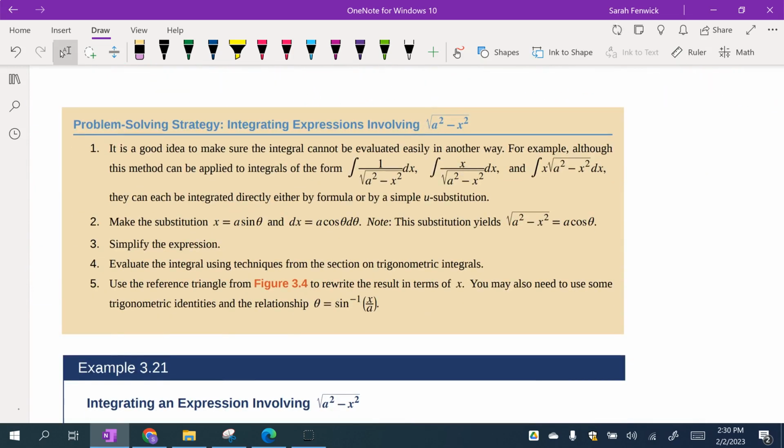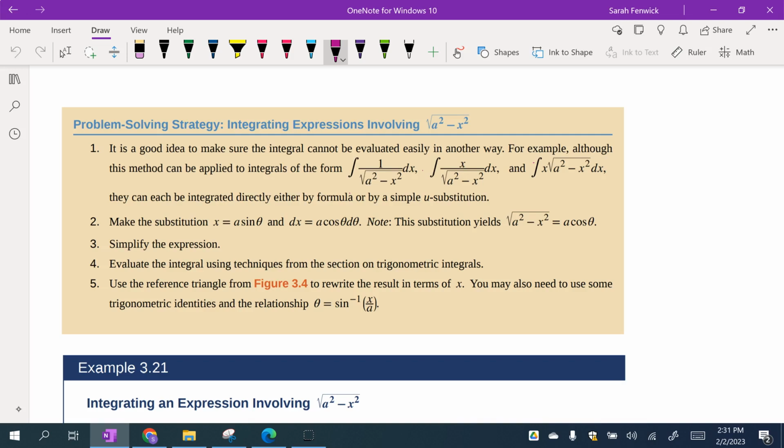All right, let's look now at our strategies. So first, make sure the integral can't be evaluated easily in another way. Even though all three of the ones I have shown here could be integrated another way using u-substitution, we can also do them this way. But u-substitution would be easier.